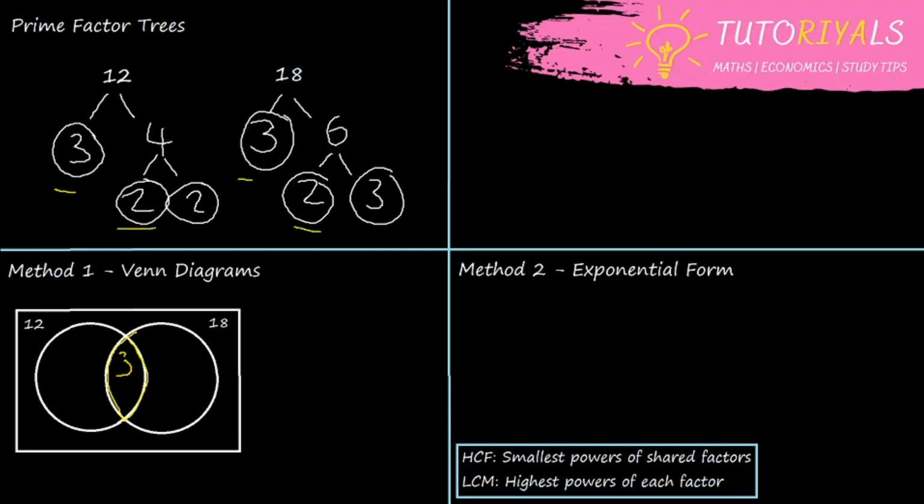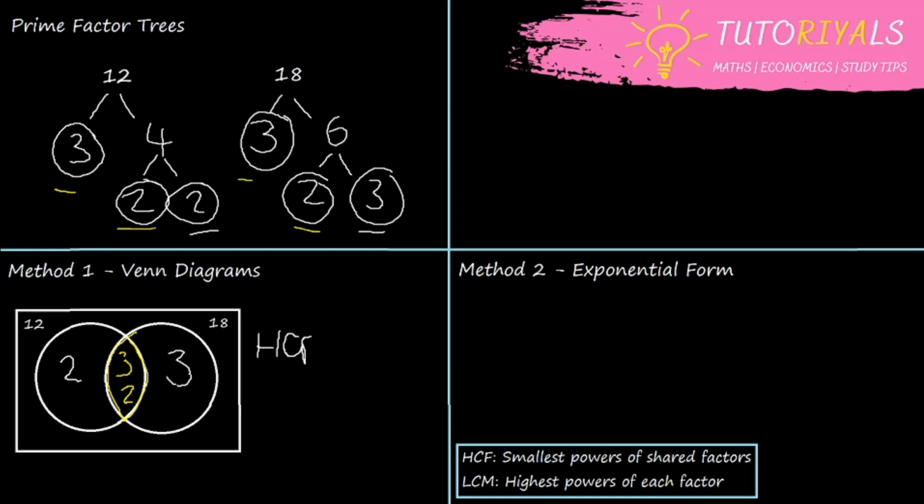We're then left with a factor of 2 in 12, which we pop into the circle on the left, outside of the intersection, and a factor of 3 in 18, which we pop into the circle on the right, again outside of the intersection, as these are not common factors of both 12 and 18.